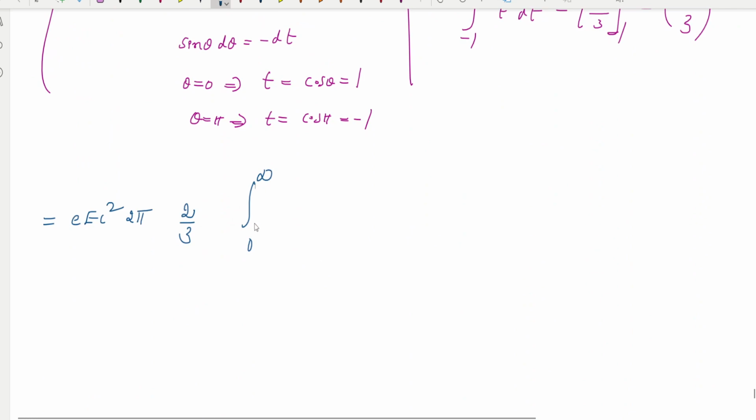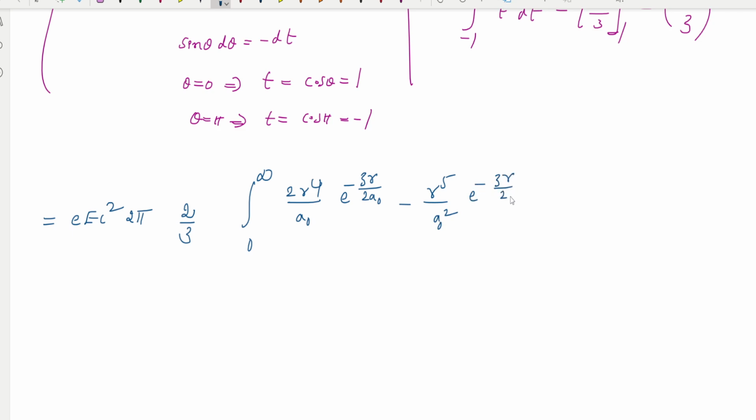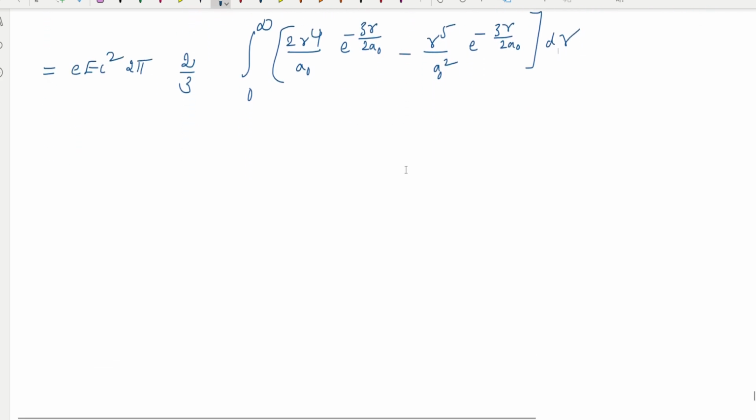Listen carefully here. 2r power 4 divided by a naught e power minus 3r divided by 2a naught minus r power 5 divided by a naught square e power minus 3r divided by 2a naught into dr.